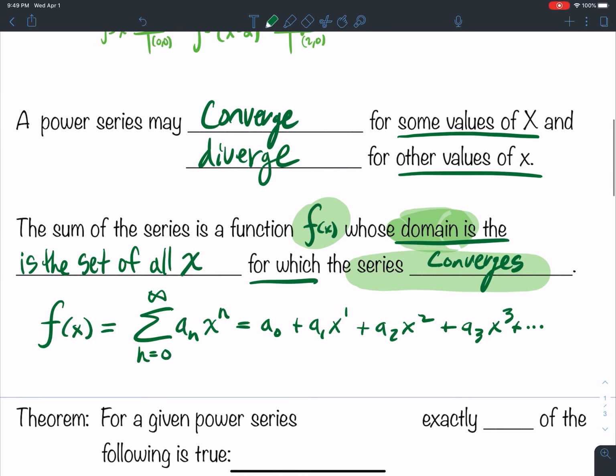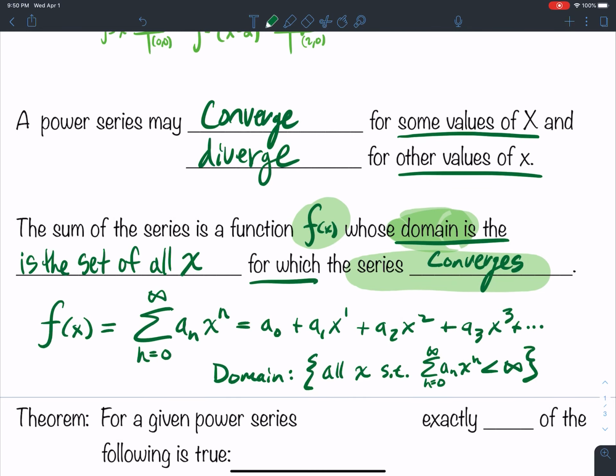So the values of x, so the domain, is all x such that the series n equals 0 to infinity of a sub n x to the n is convergent.